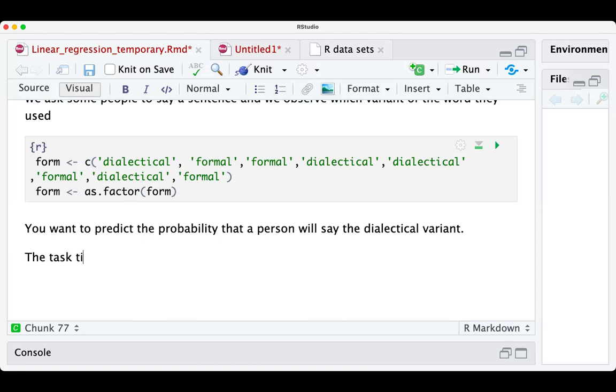The task is to predict the output of the variable, let's call it tilde y, which is the form said by the person.